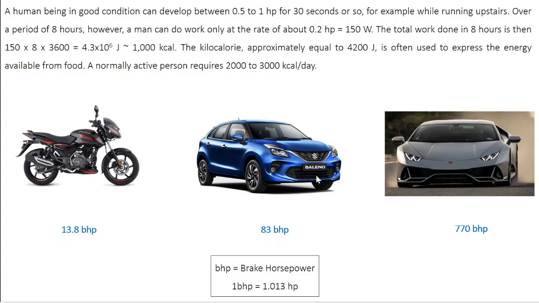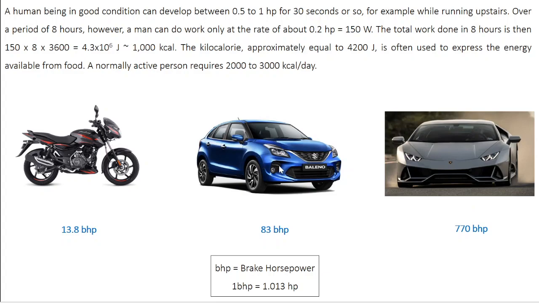So in the case of a Lamborghini and Baleno, Lamborghini produces much more power. And power in a way is also related to the maximum speed a vehicle can achieve. So here you cannot compare a bike and a car. You need to compare two vehicles of similar class. So when you compare these two cars here, since the Lamborghini has much higher power, the maximum speed Lamborghini can achieve is much higher than a Maruti Baleno.